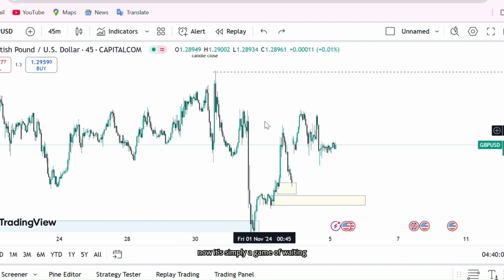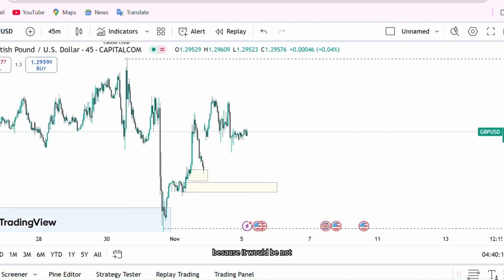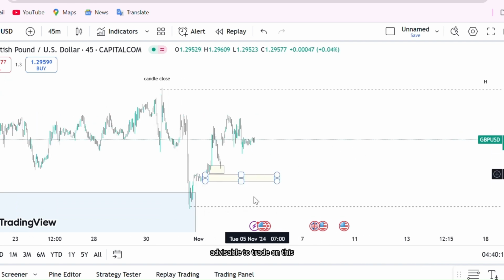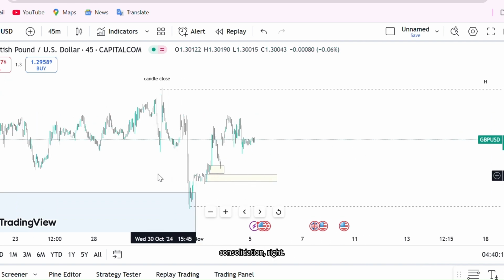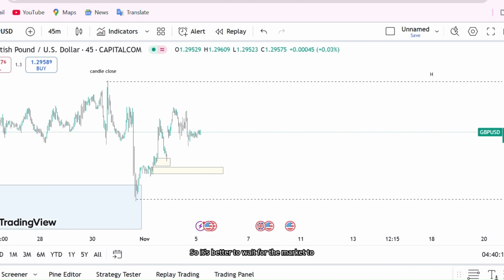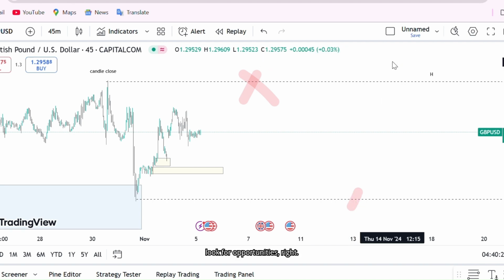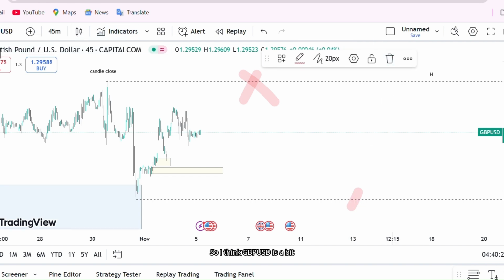So now it's simply a game of waiting, because it would not be advisable to trade on this consolidation, right? So it's better to wait for the market to take out this high or this low, and then we look for opportunities, right? So I think GBP USD is a bit clear. We can go to Euro USD.